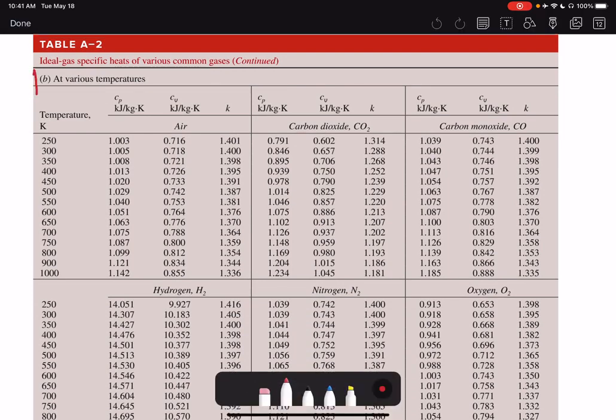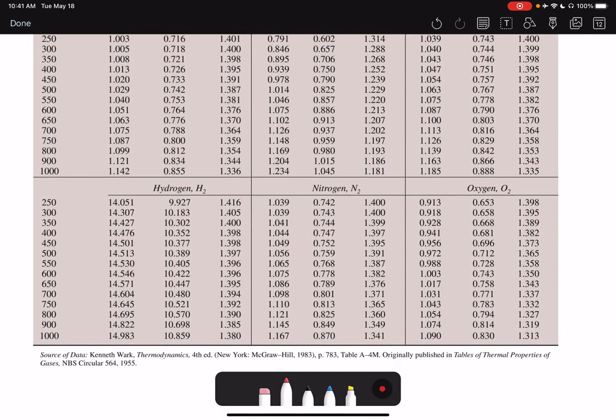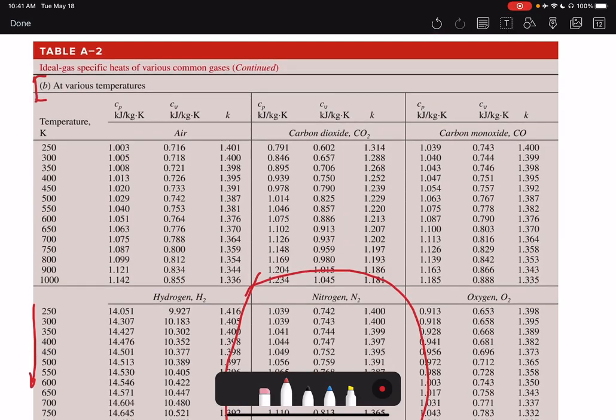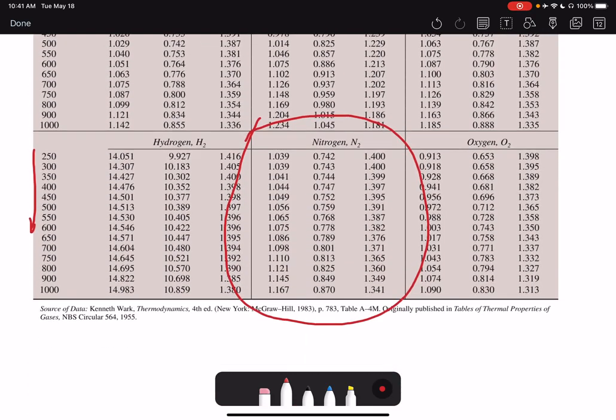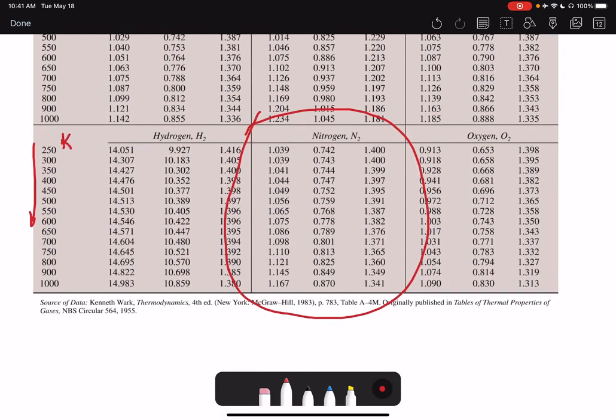So it's going to be A2B, okay? And we're going to go to nitrogen. And we see that we're given some information for nitrogen at different temperatures in Kelvin. So just remember that this is Kelvin, okay?